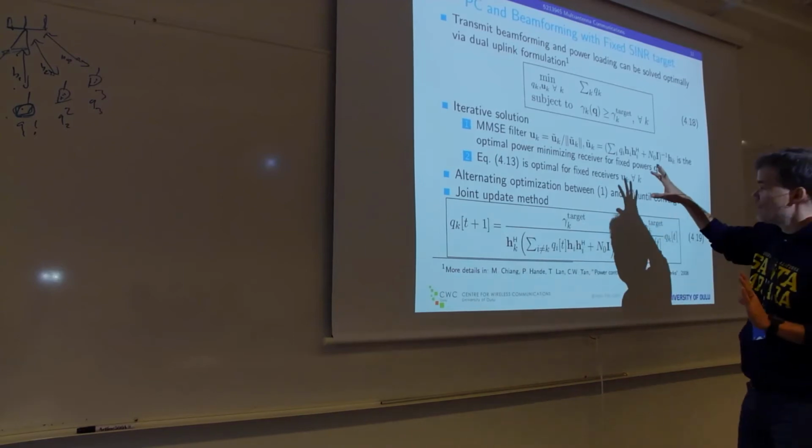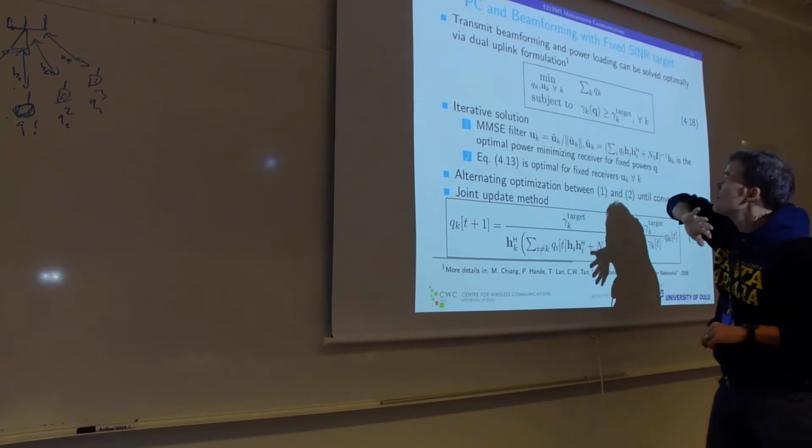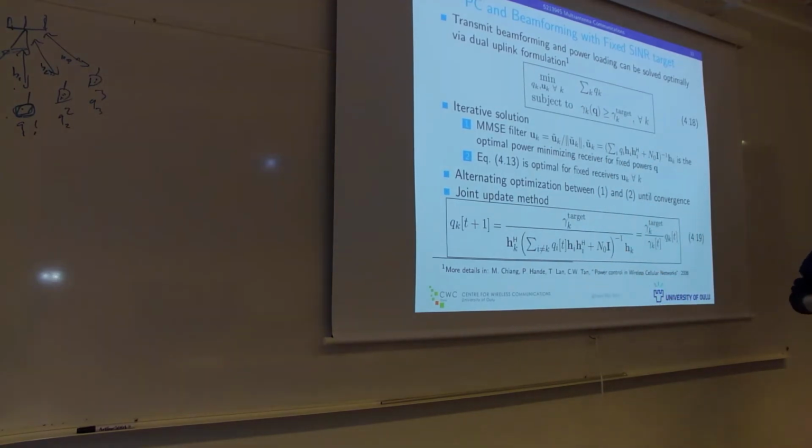So it's not obvious, when we plug in the SINR into the formula, that this is a convex problem. There's a product of Q and U, but it can be reformulated in a way that can be shown to be a convex problem.